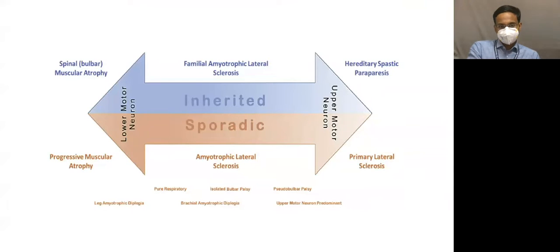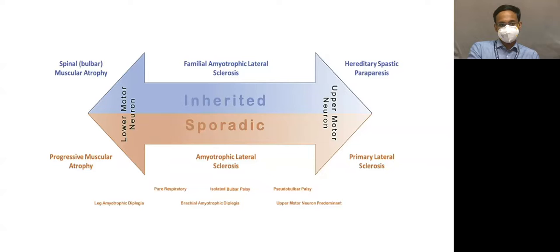Now, motor neuron disease is a very wide spectrum of disorders, which we commonly see in our clinical practice. The most common variety of motor neuron disease is amyotrophic lateral sclerosis, which comprises 85% of the cases.